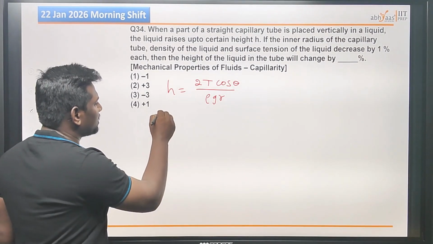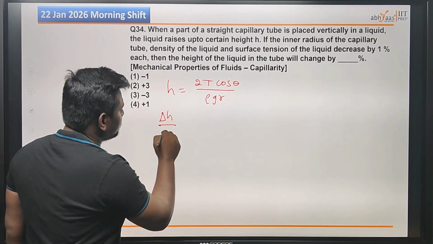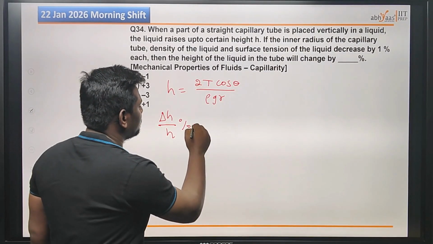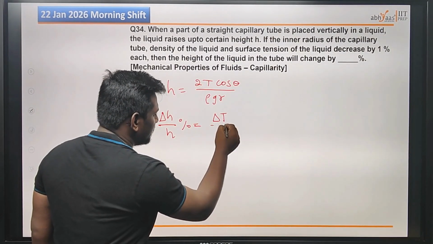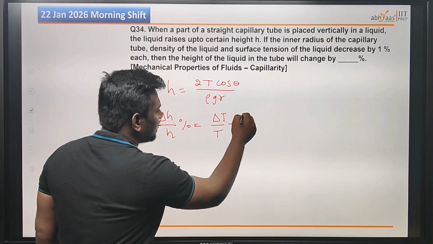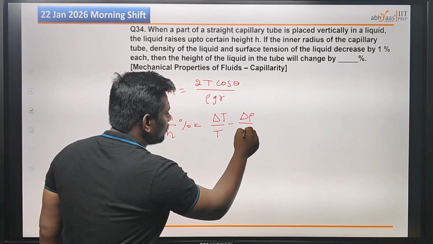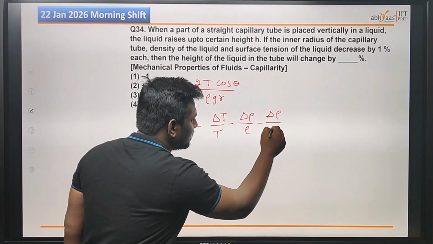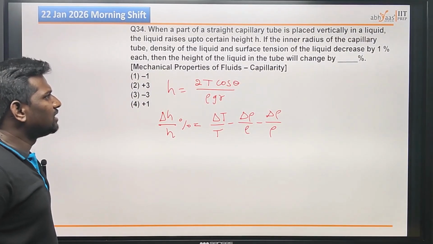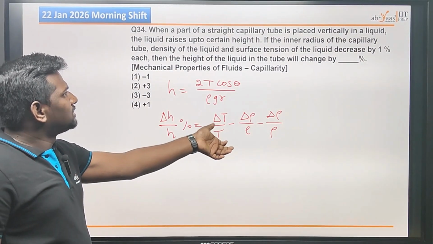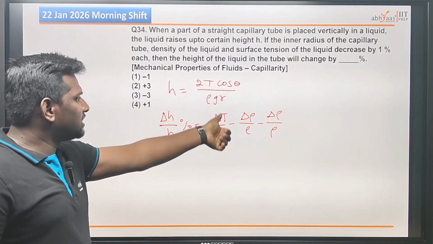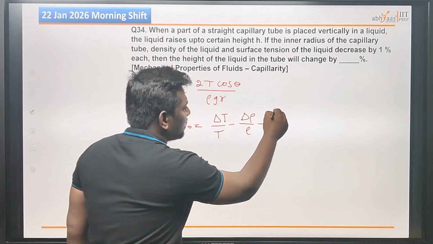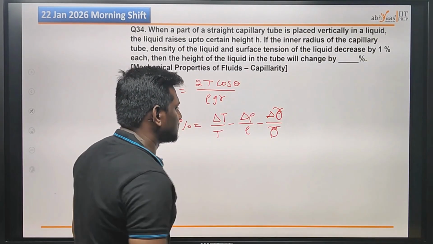So the percentage change in height, delta h by h percent, is nothing but delta T by T minus delta rho by rho minus delta R by R. Surface tension is decreased by 1%, density is decreased by 1%, and radius R is also decreased by 1%.